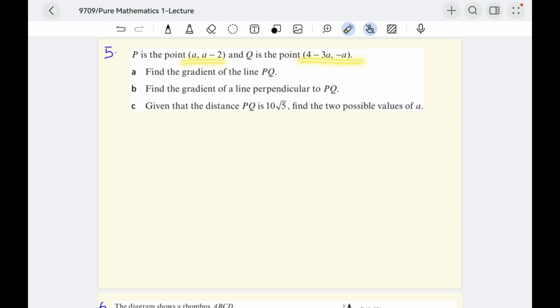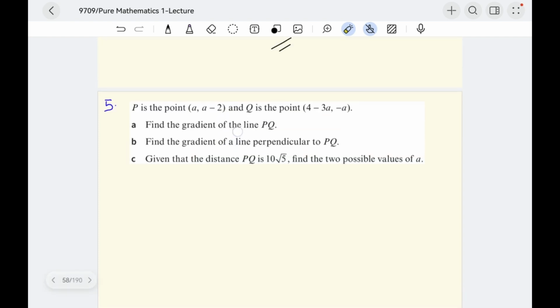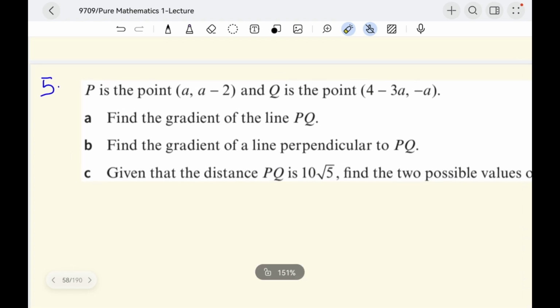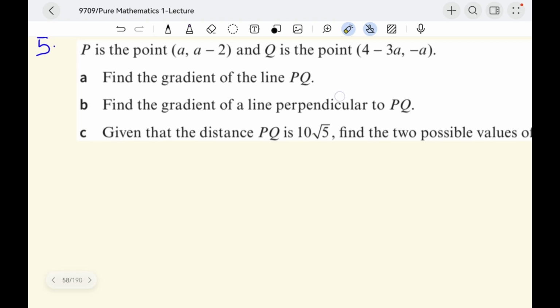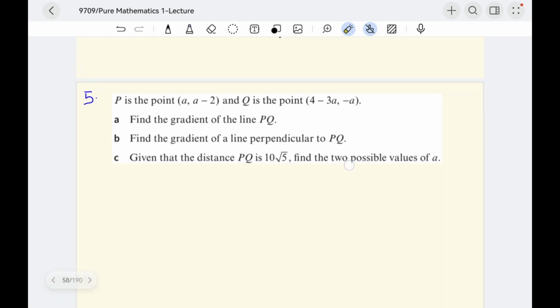It is for your understanding. So let me rephrase: the x coordinate of P is a, the y coordinate of P is a minus 2. For Q, the x coordinate is 4 minus 3a and the y coordinate is negative a. Hopefully you understand what I am pronouncing.